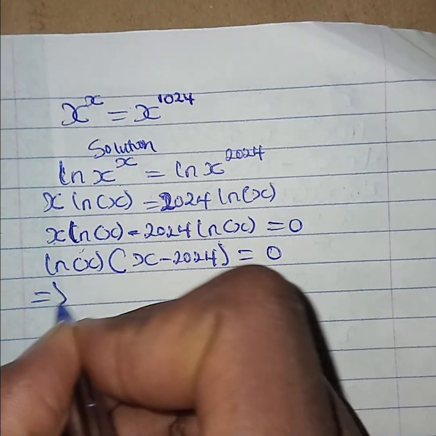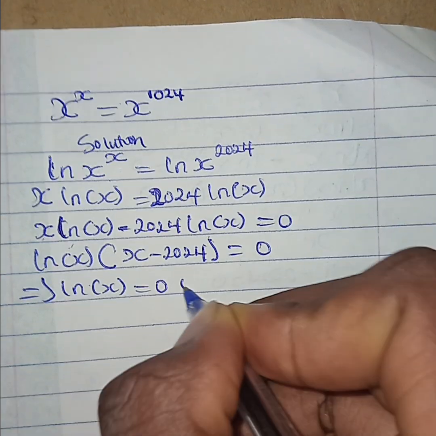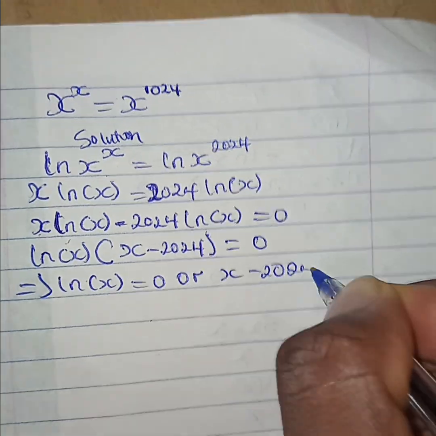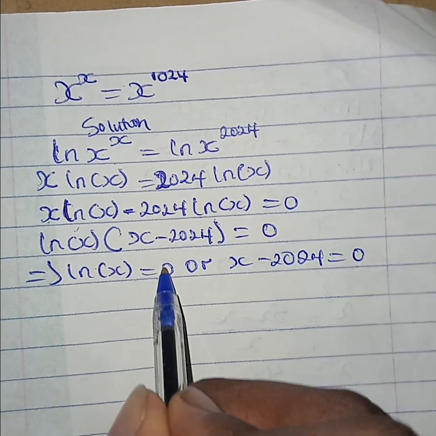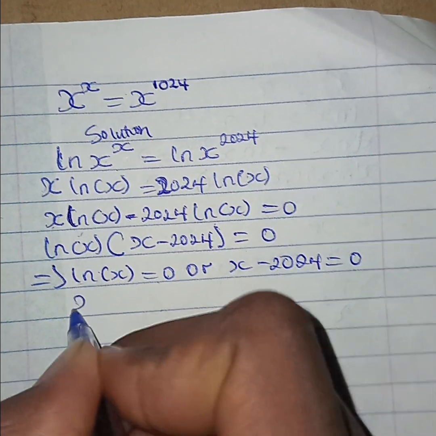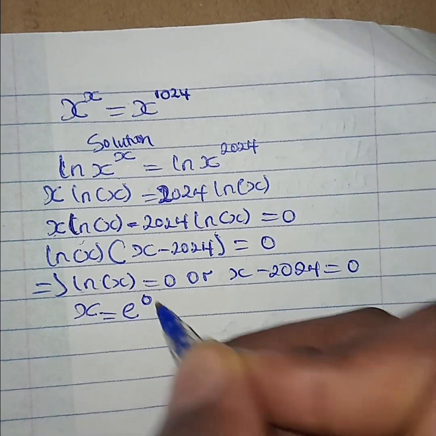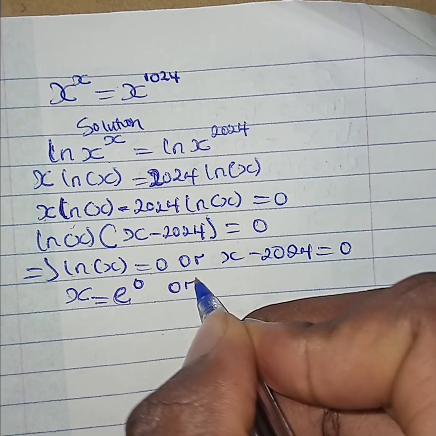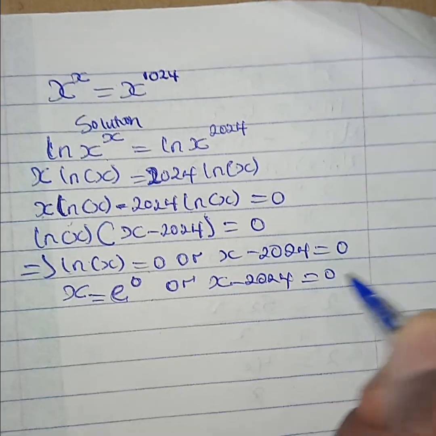So this implies that ln x is equal to 0, or x minus 2024 is equal to 0. So now if we simplify this, we know that to take away this ln part, we are going to write this as x is equal to e to the power of 0, or x minus 2024 is equal to 0.